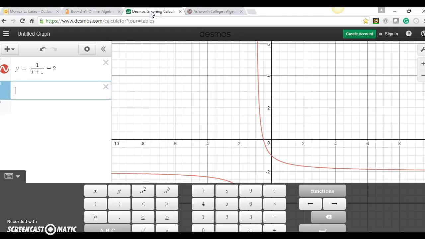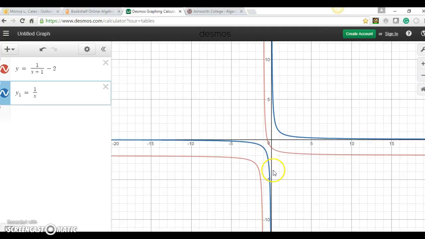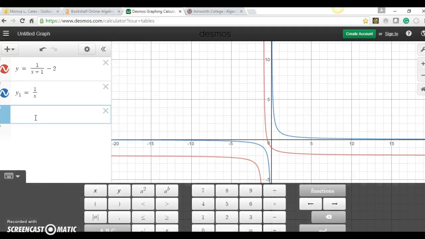And just so that I know what I'm working with, let's put my parent function, which is 1 over x. So the blue is my parent function. I'm going to come out just a little bit so that I can see it better. My parent function is the blue, and my transformed function is the other. I'm going to also put my asymptotes here.